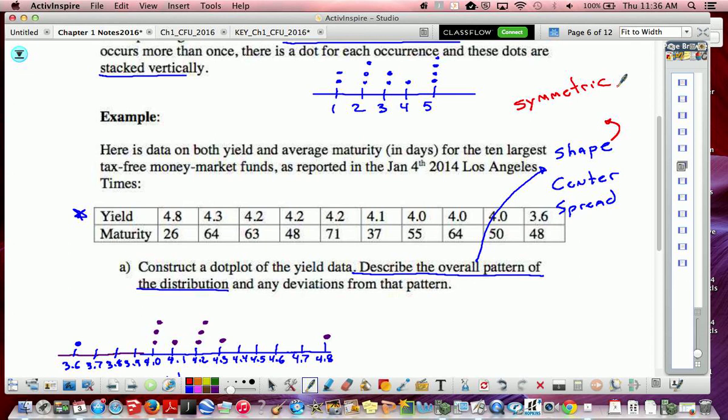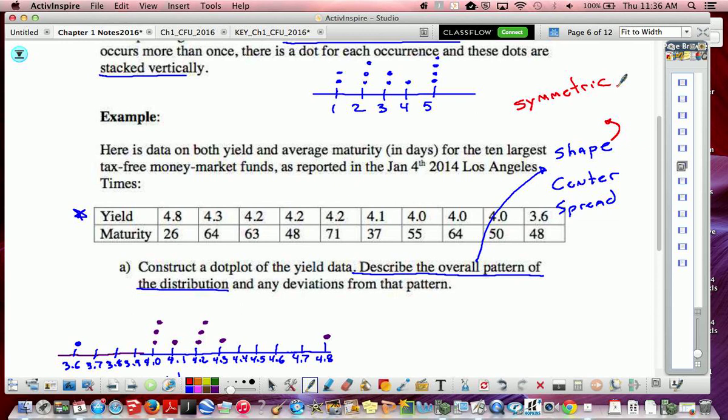When we mean something to be symmetric, if we have a line of symmetry, what does that actually mean? Remember your geometry. It's equal on each side, or roughly balanced on each side. When we describe the shape of a distribution, does the left side of the data look somewhat close to the right side of the data?